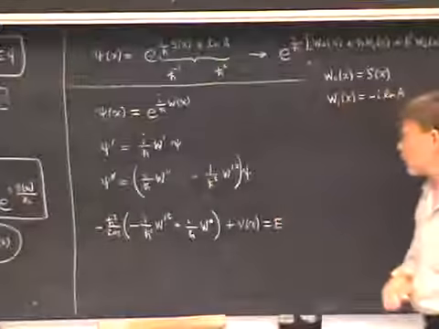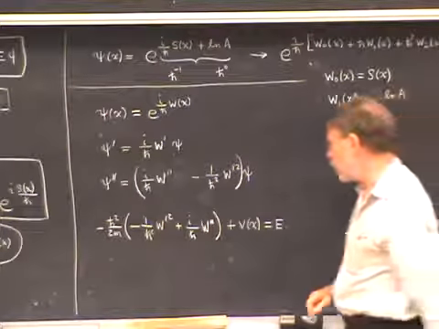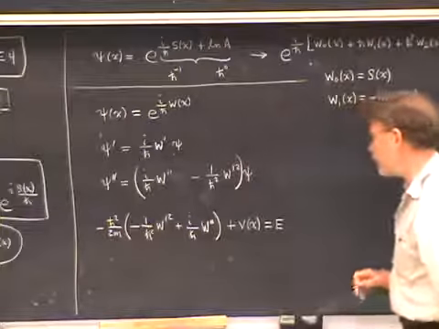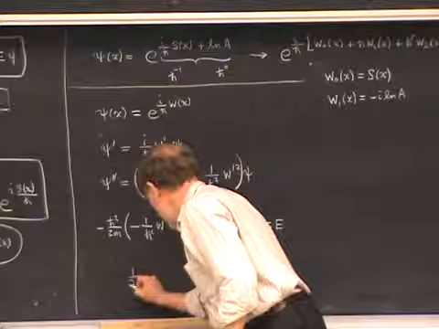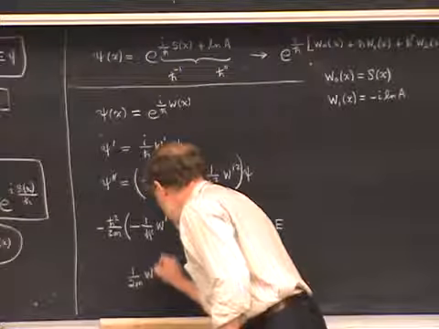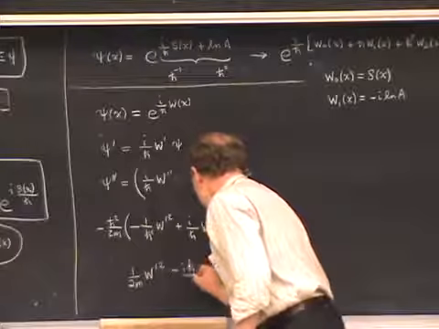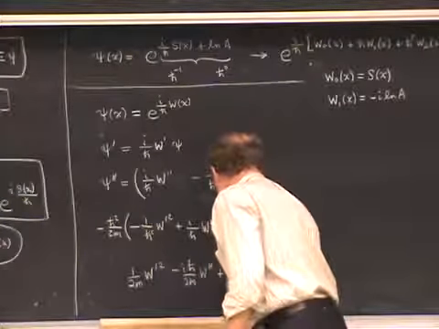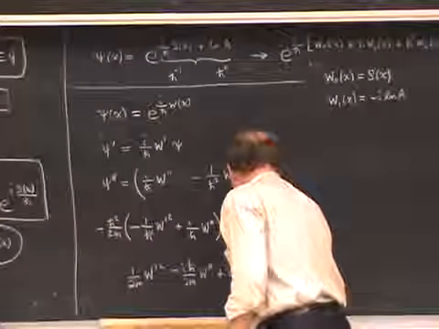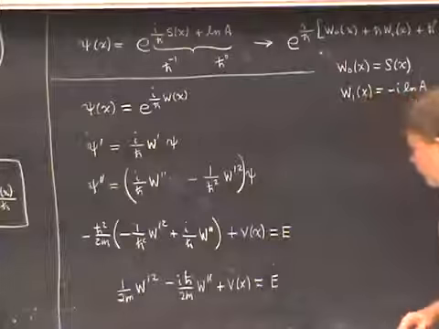And this is what we get. And let me now just clean this up, multiply through by minus h bar squared over 2m. And what we get then is that 1 over 2m times w prime squared minus i h bar over 2m times w double prime plus V of x is equal to E. Like this.